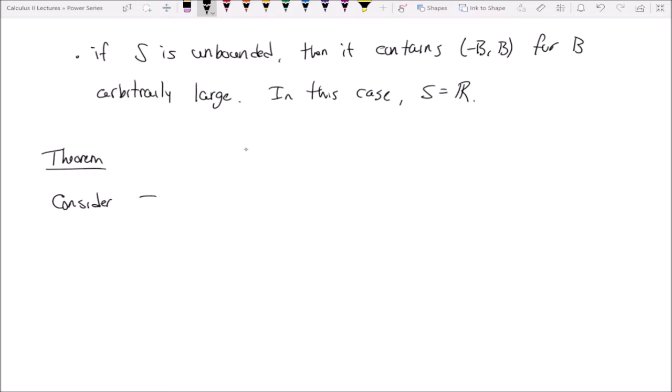So consider the power series n equals 0 to infinity a sub n x minus c to the n. The series satisfies exactly one of the following.